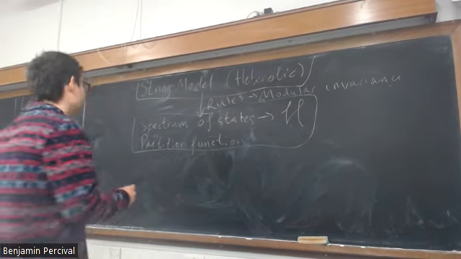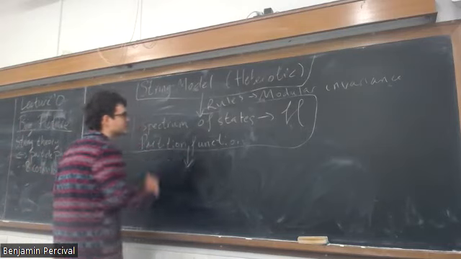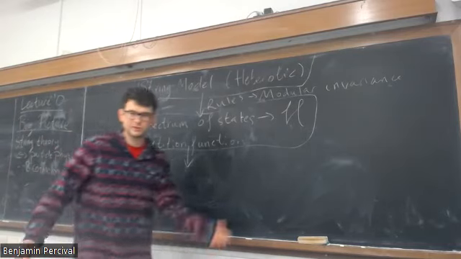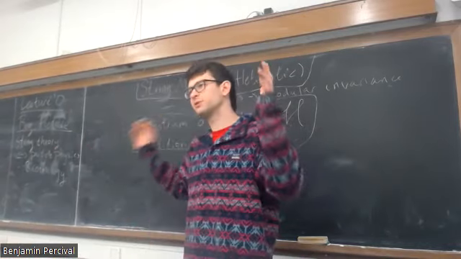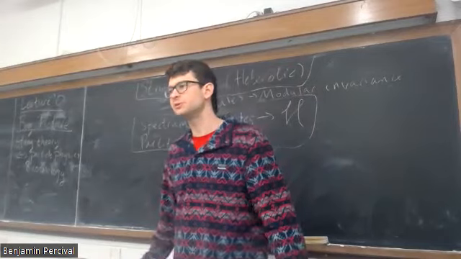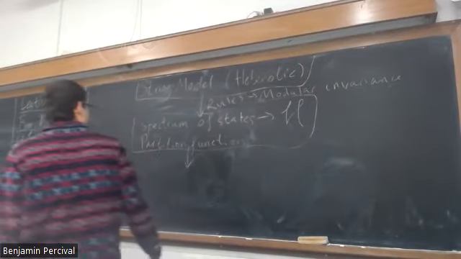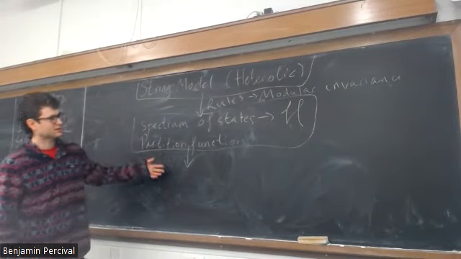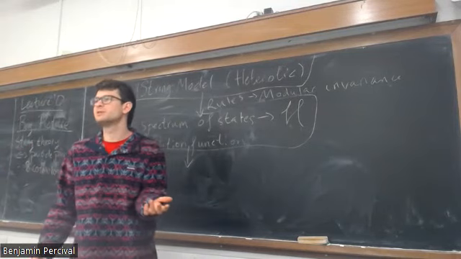Okay, and then the idea is, if we want to connect it with particle physics, the model of particle physics is the standard model. So we essentially want the spectrum of states to be consistent with the standard model.